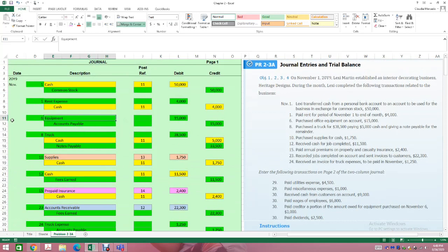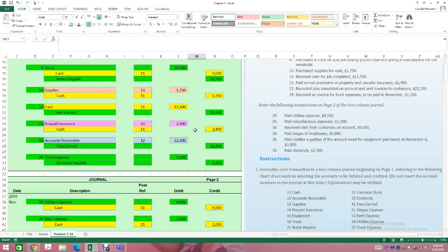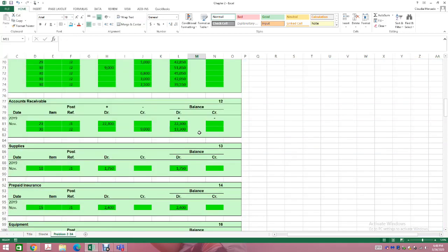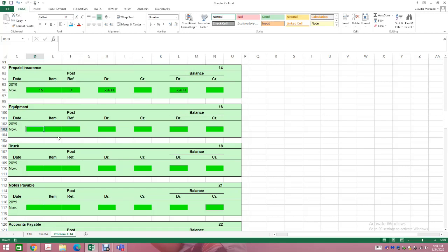So equipment, I'm going to highlight it another color. Equipment for $15,000. Okay. We only have one equipment account for $15,000. And the equipment, that happened on the 6th. That happened on journal page 1. And the amount of my equipment was $15,000.